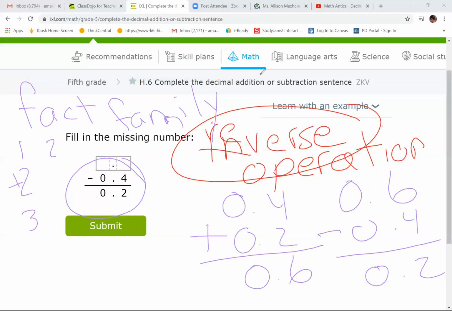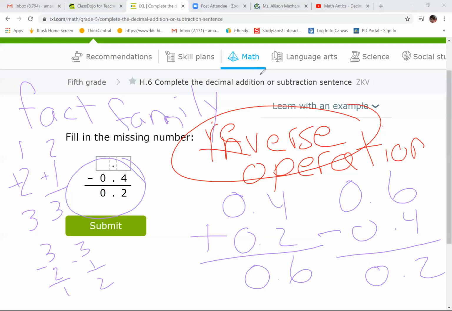Then you know that 2 plus 1 is 3. That's that commutative property, right? And if that's true, then 3 minus 2 is 1, and 3 minus 1 is 2. And I know your teacher taught you that. I hope you were listening and paying attention, because that's really important.